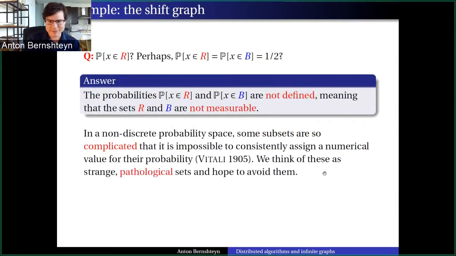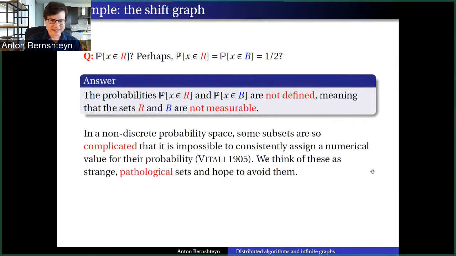The way to think about these maybe is that these are strange pathological sets that are just too ugly to deal with by methods of probability theory. And in general, when you deal with probability spaces, you hope to avoid non-measurable sets as much as possible.